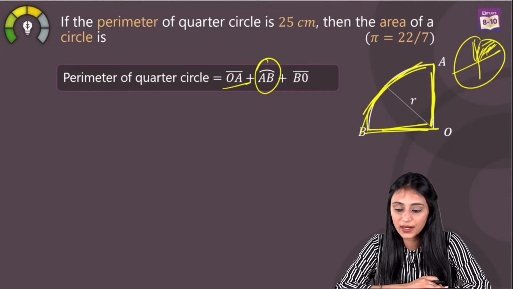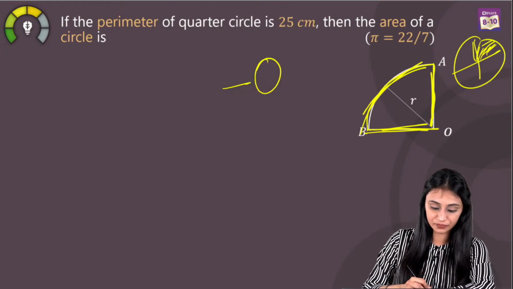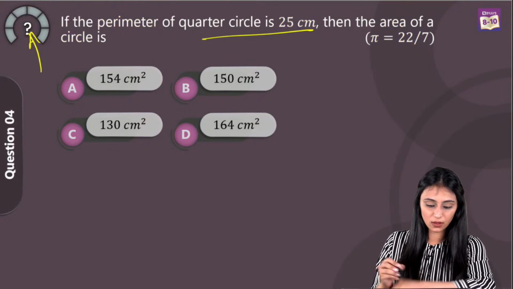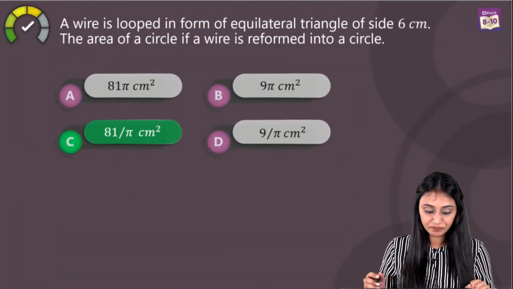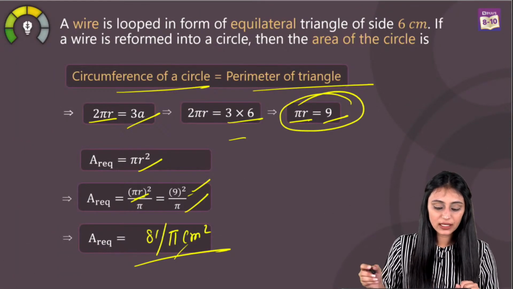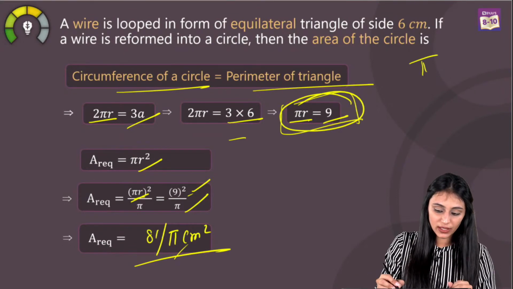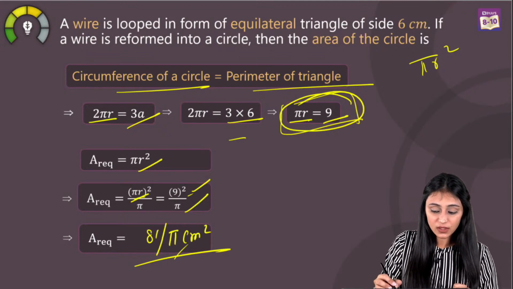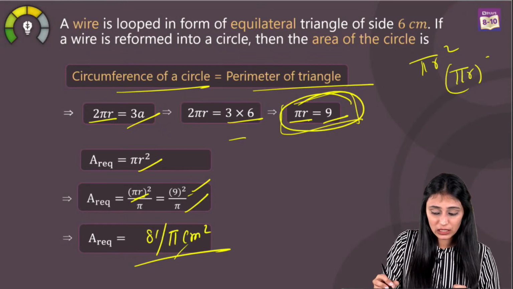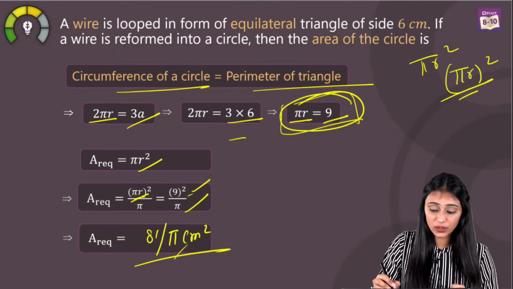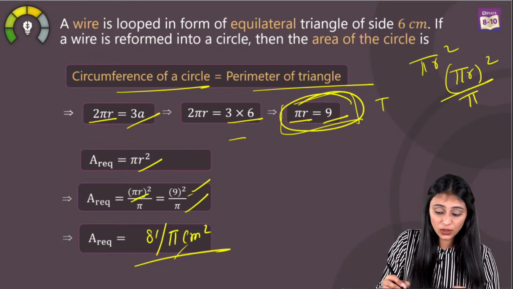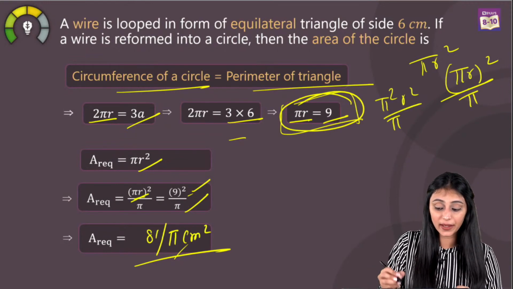Abhinav, why is it divided by pi? You are asking about the previous question. Okay, let me show you that. See, we wanted to use this value pi r equals 9. We had pi r square over here. So what we did was square this and write pi over here, because if you open this out, this will become pi square r square by pi.